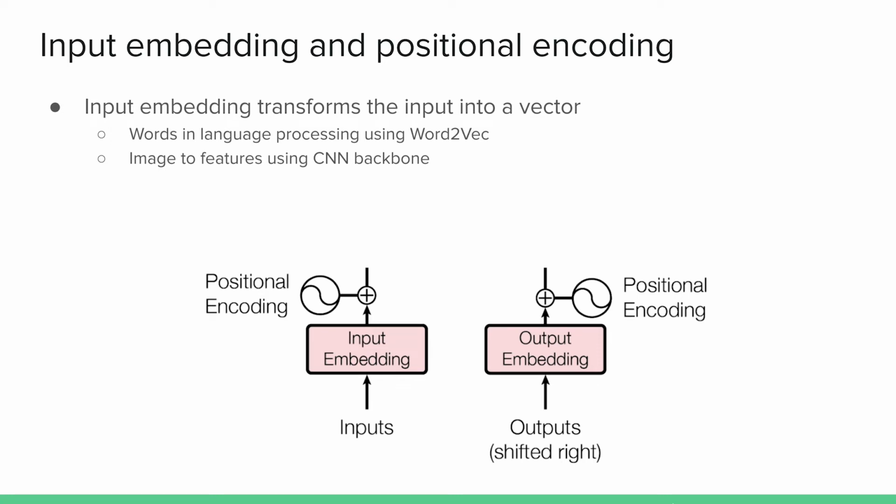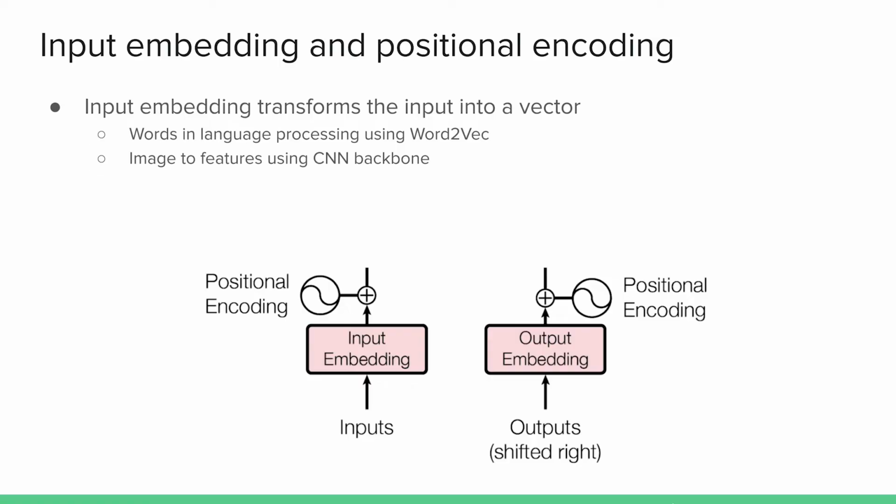They understand numbers, vectors, matrices. Given that we have a sentence in a certain language, like French, we have to find a suitable representation for that sentence. This input embedding is exactly doing this. It's going from a word in an input language to another representation that the machine can actually understand.